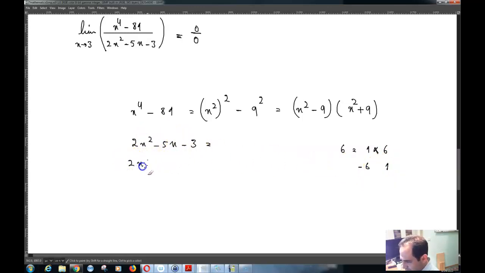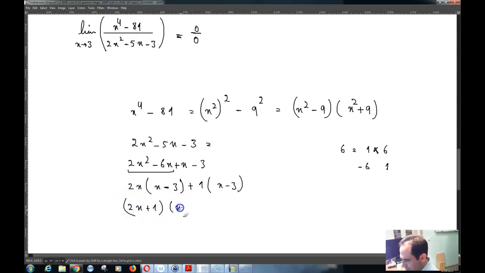So I write this as 2x squared minus 6x plus x minus 3. And then between these two I take a 2x out. I get x minus 3 plus 1 times x minus 3. And then you have 2x plus 1 times x minus 3.